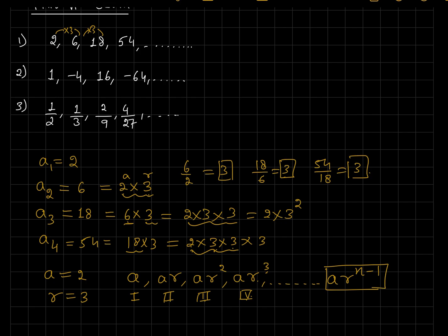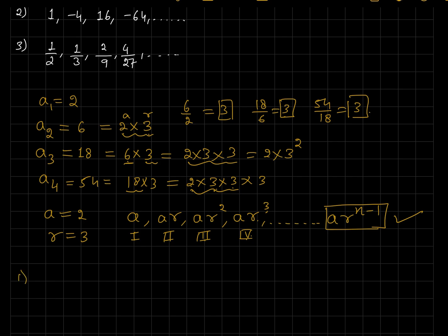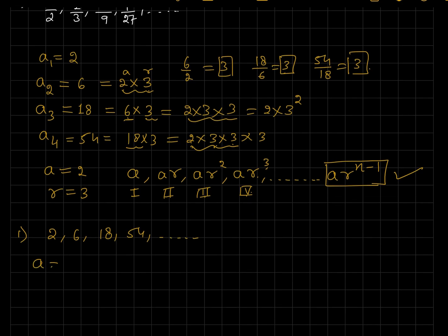Now, for this sequence, if I am asked to find the nth term, let us rewrite it here. The sequence is 2, 6, 18, 54 and so on. My a is 2 here and r is 3 here.